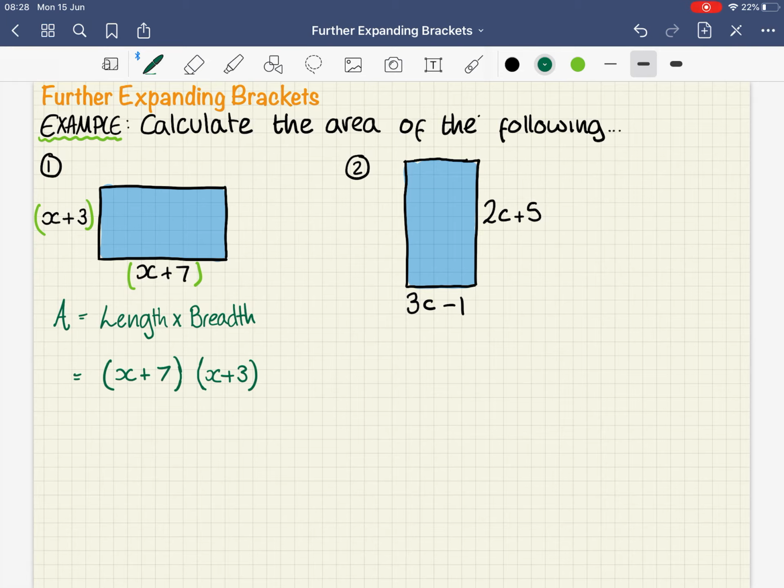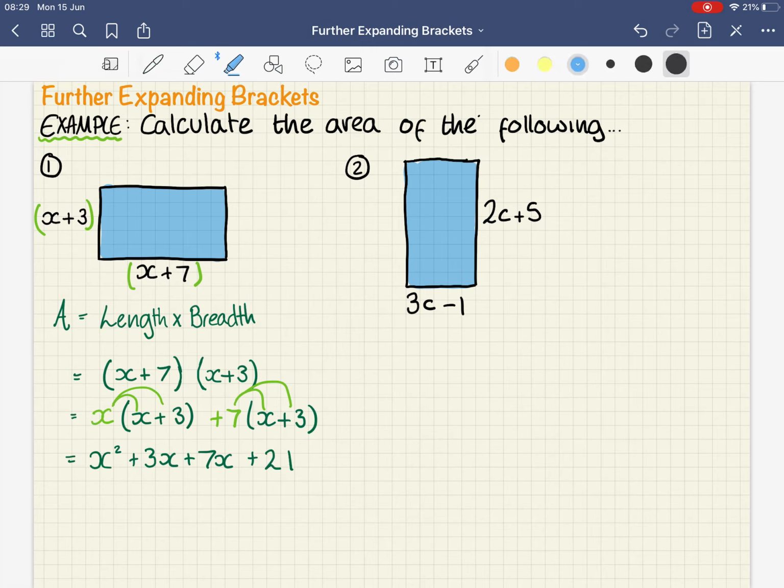So we're going to go on and simplify this by expanding it. So following our rules for expansion, we break apart our first bracket, and then the second bracket sits next to it. So I've got x times x, which is x squared, x times 3, which is going to give me 3x, 7 times x, which is 7x, then 7 times 3 is 21.